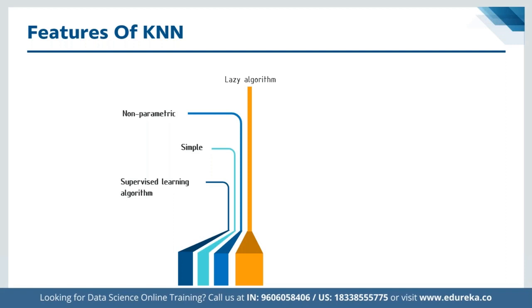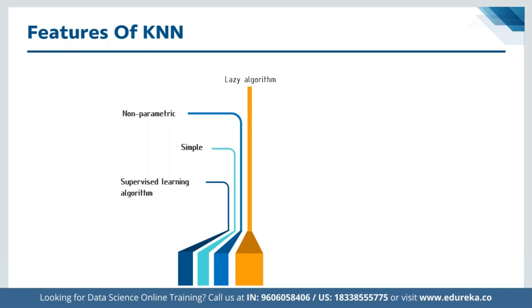Whereas in the case of KNN, there is no training step at all. That's why it's called a lazy algorithm, because at the time that you actually want to predict, at that point it will go and do all the calculations of the distance of the new data point, like the new image of the cat or dog, from all the other data points that you have.